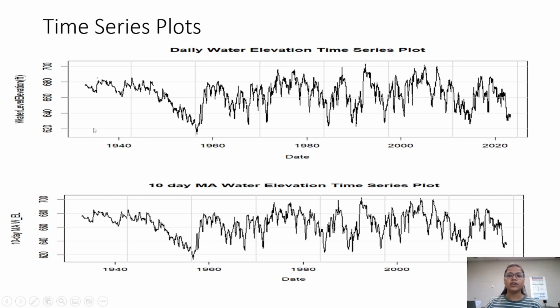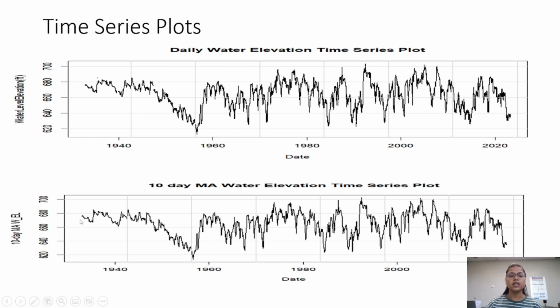The daily water elevation series has some missing values, and after the filtering and the 10-day moving average, we can see that the missing values have been filled and the data have been smoothened.